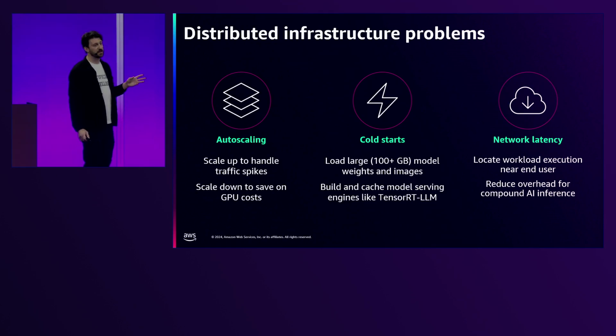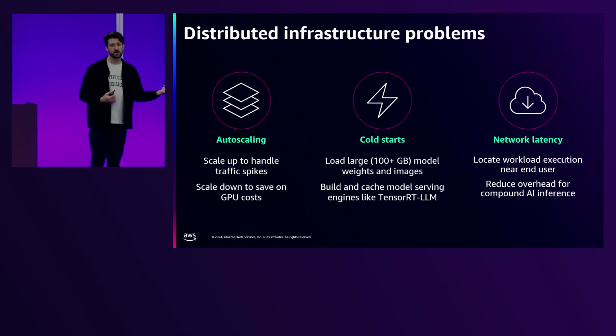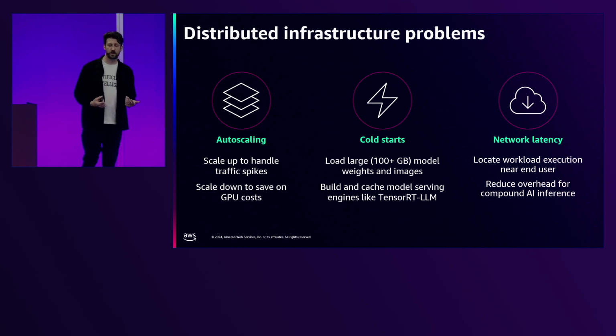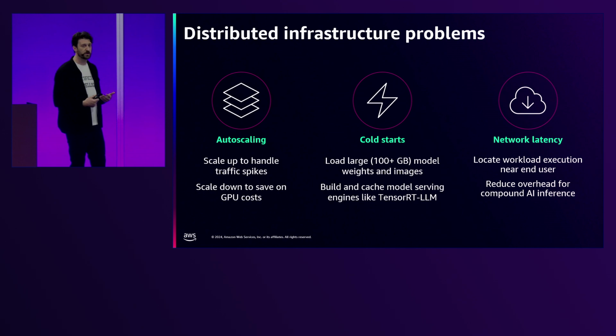But having a tight auto-scale is going to introduce a new problem, which is around cold starts. These models have 10, 50, 100 gigabytes of weights to load in at runtime. So how do we be responsive to demand in a timely fashion?